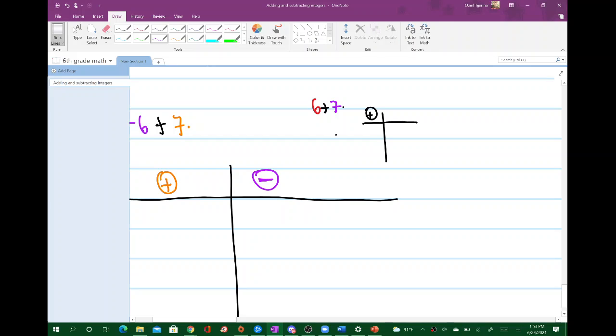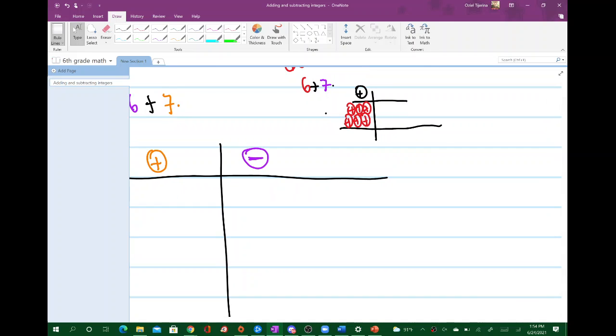And I'm like, okay, well, to do this, all I have to do really is just, I have 6 positives. 1, 2, 3, 4, 5, 6, right? So I say, okay, there's 6 positives, right? And then I also have 7 positives because it's adding 7.